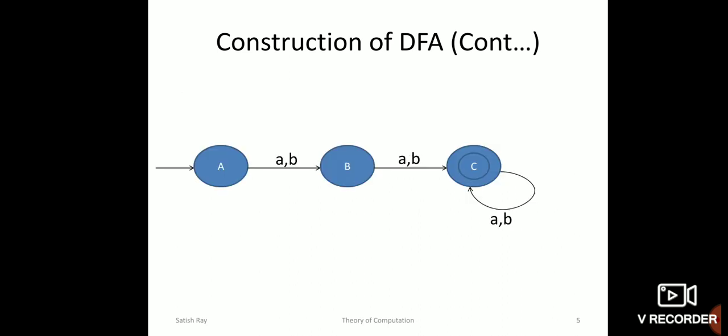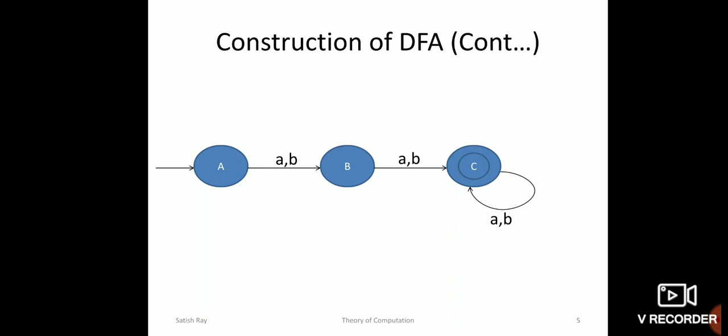We can cross check this DFA. We had constructed a DFA that will accept the strings of length exactly 2 and more than 2. That means this DFA should not accept the strings of length less than 2, that is 1, or the empty string.